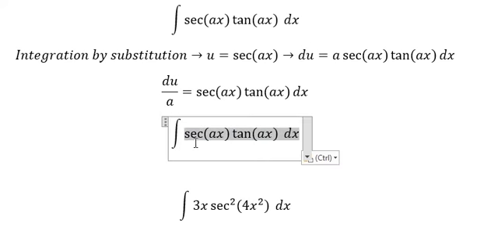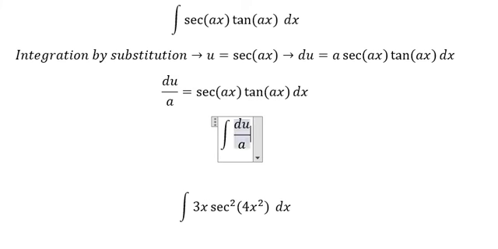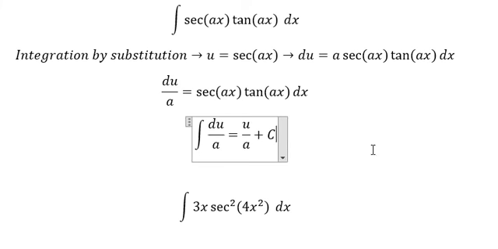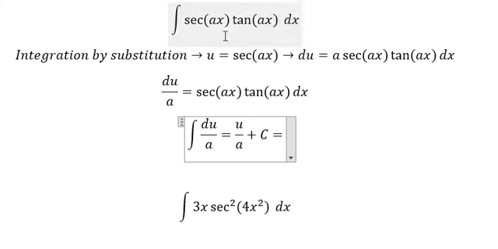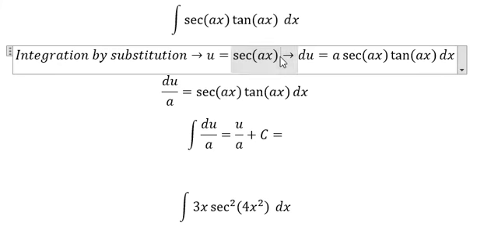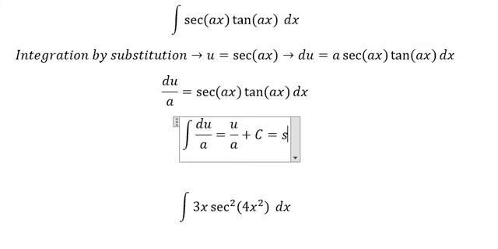So this one in here, we change for du over 8. This integration, you got u over 8, and we put c. About u, that's about this one. And this is the final answer.